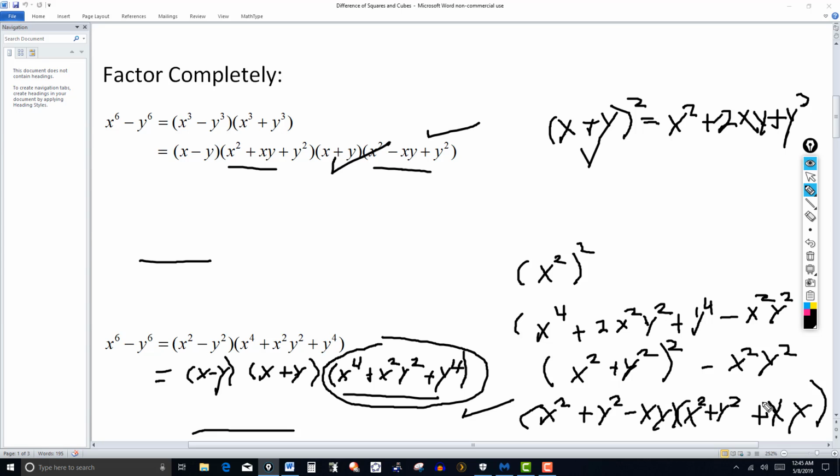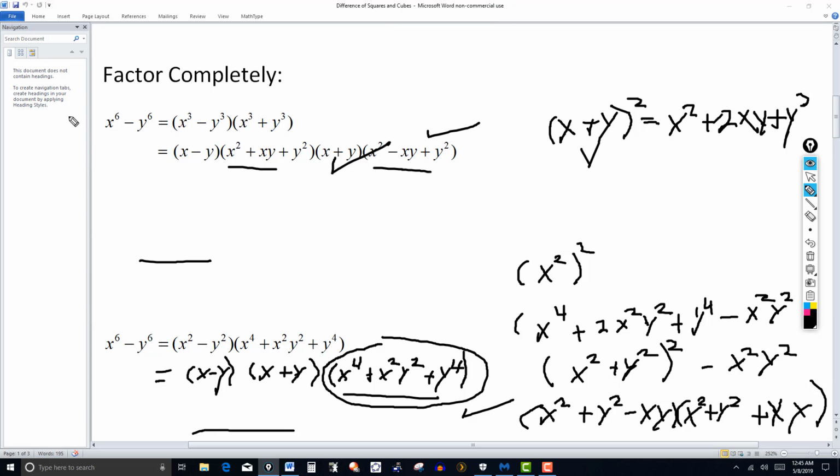Okay, so the point that we're making here is that if you're factoring binomials and you have one that turns out to be a difference of squares and at the same time also a difference of cubes, then do the difference of squares first and then take it from there.